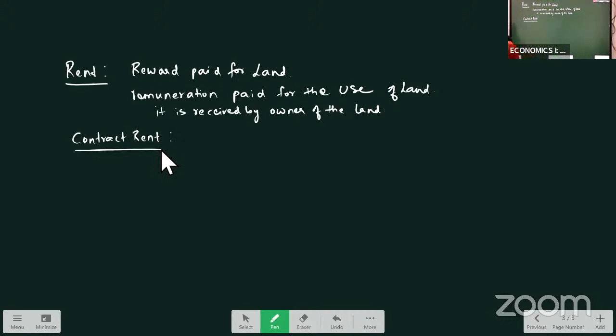Okay, contract rent. Contract rent is also known as gross rent. It means the total rent which is paid for the usage of that particular land.